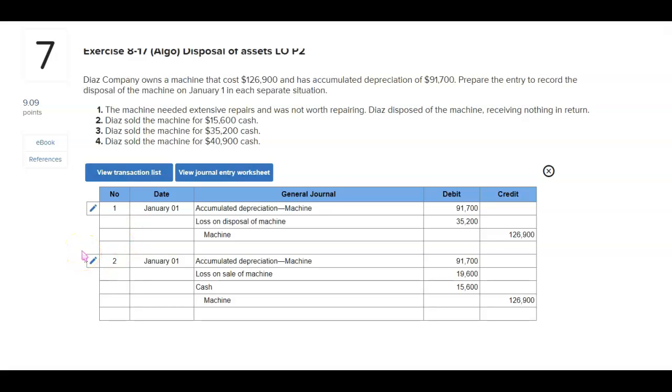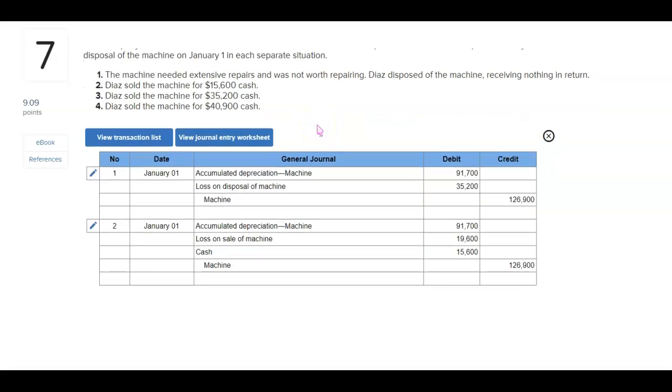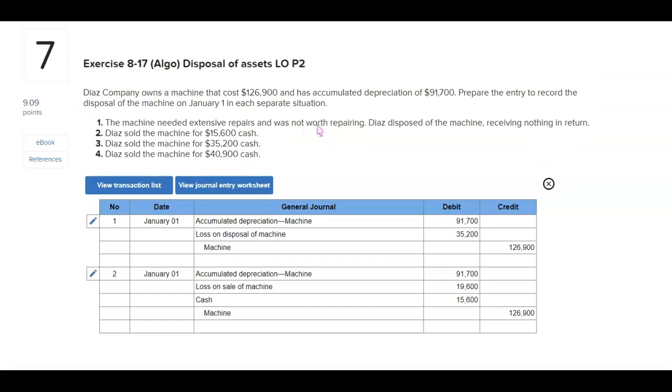So, what we're doing is question 7 for the quiz access for chapter 8. We're talking about different materials, or disposing of assets.